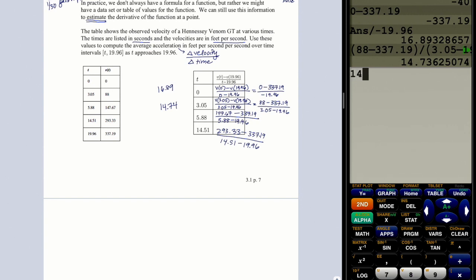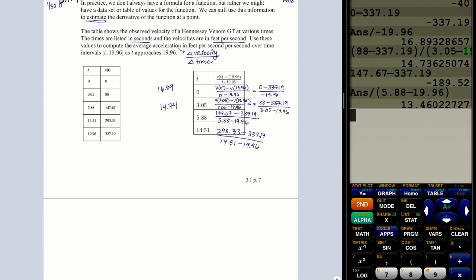And then I've got 147.67 minus 337.19 divided by, I'm getting 13.46 roughly feet per second per second.